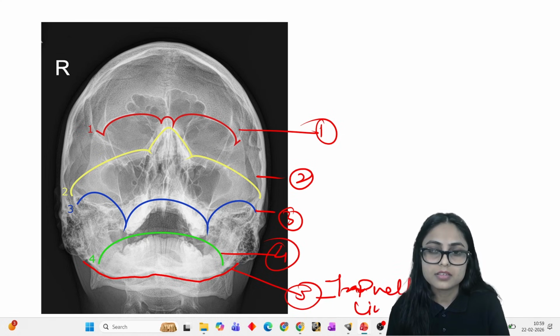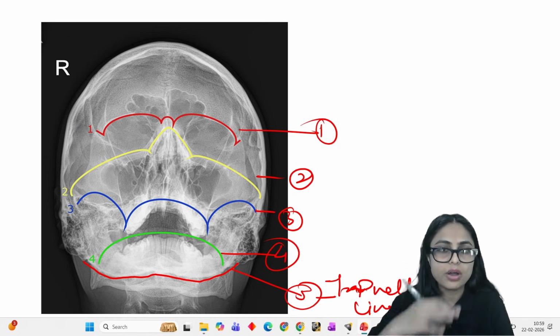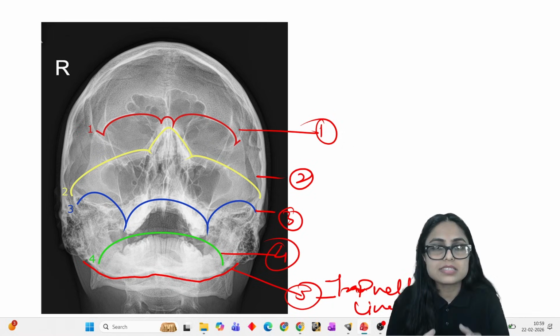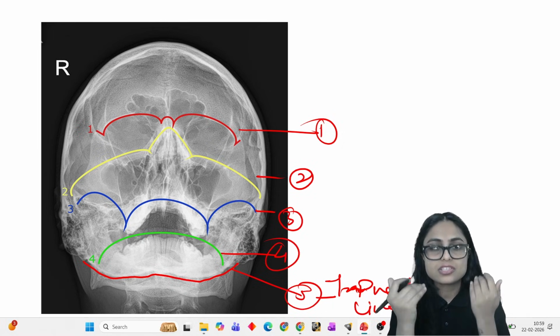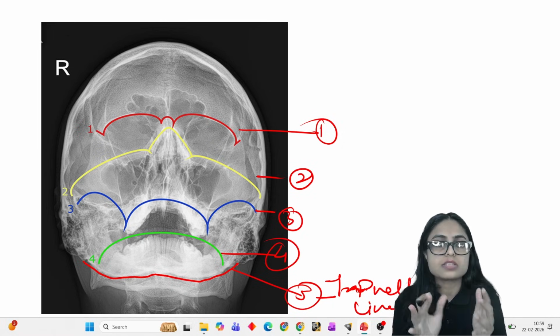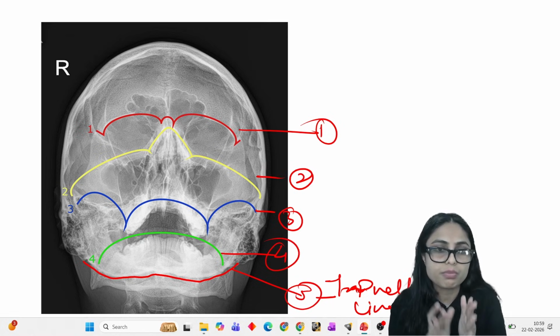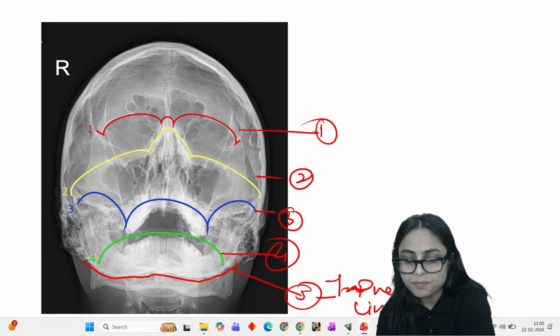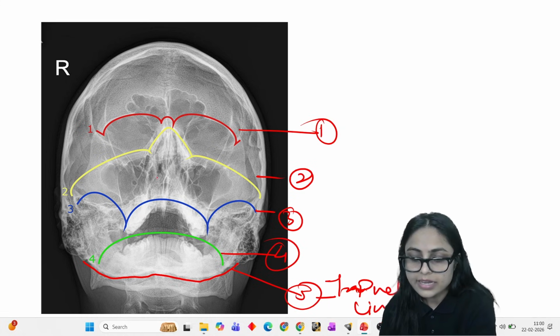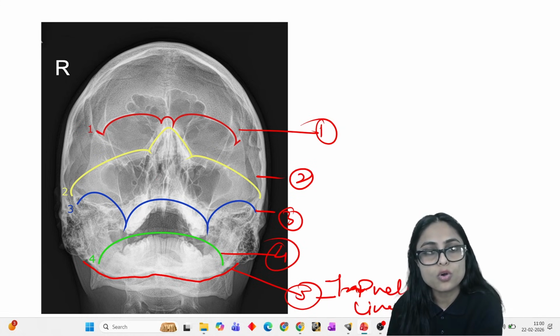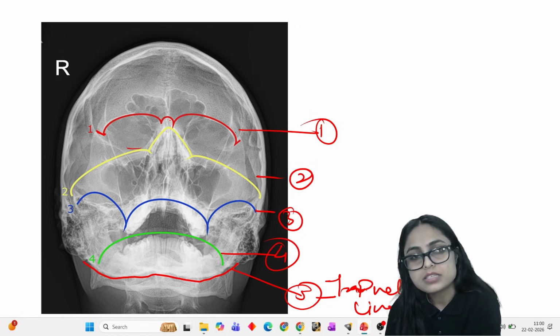The first line joins the zygomatico-frontal suture, tracing the superior edge of the orbit and joining the zygomatico-frontal suture on the other side.